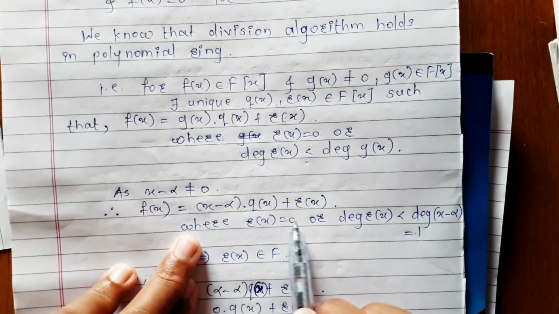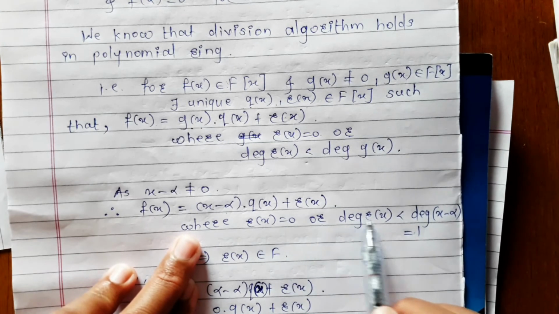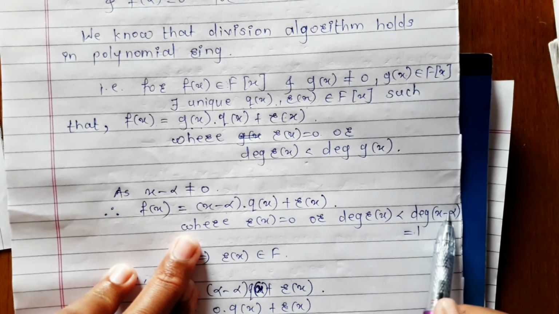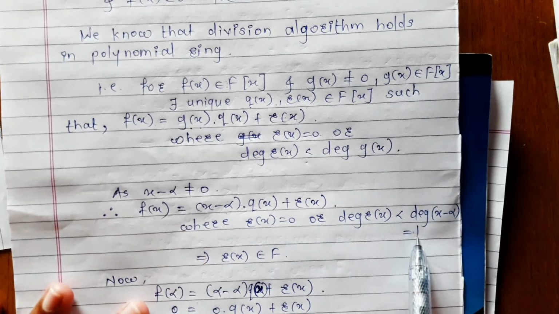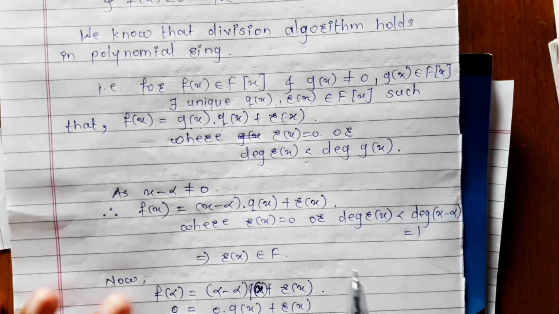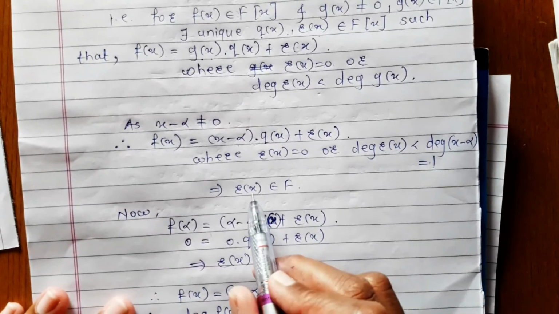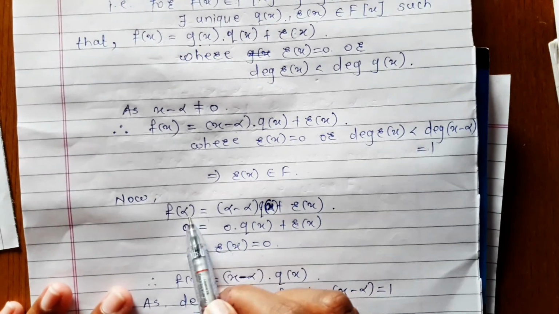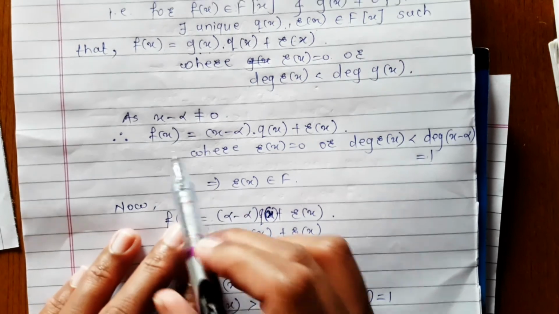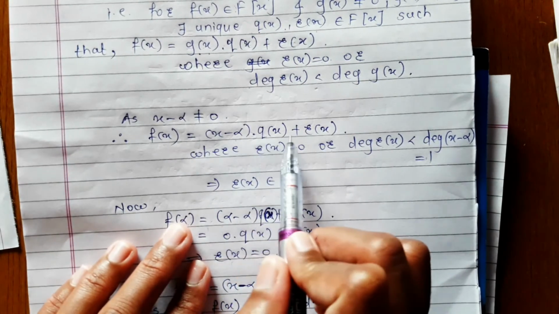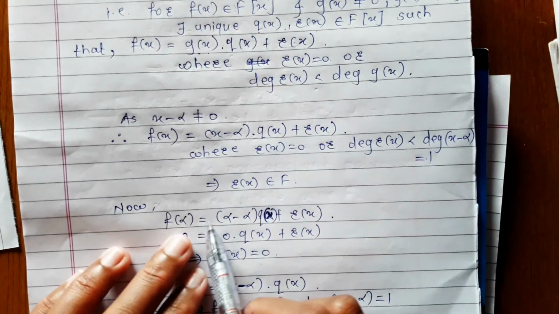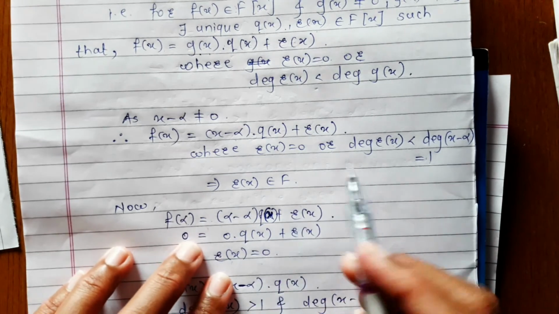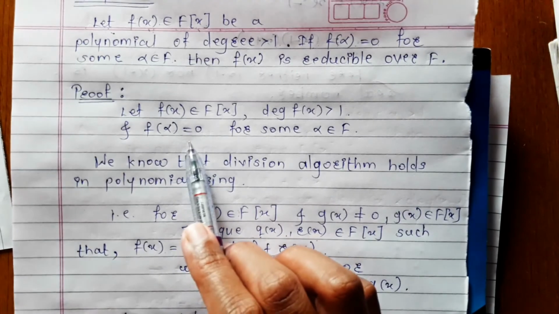where r(x) equals 0 or degree of r(x) is less than degree of x minus alpha. And here the degree of x minus alpha is equal to 1. That is, r(x) is a constant polynomial, and this gives that r(x) belongs to the field F. Now, as f(x) equals (x minus alpha) times q(x) plus r(x), f(alpha) can be written as (alpha minus alpha) times q(x) plus r(x). But f(alpha) equals 0.